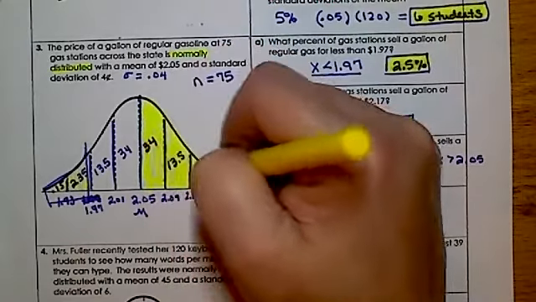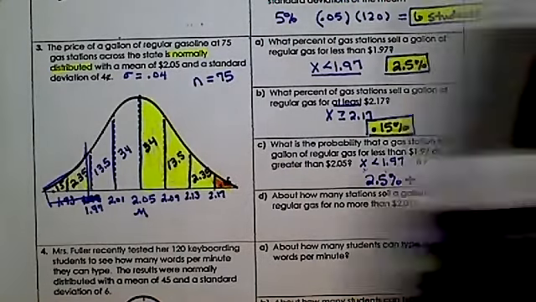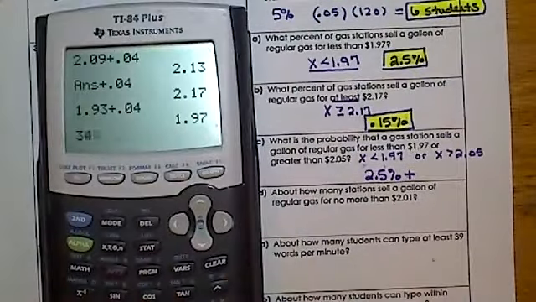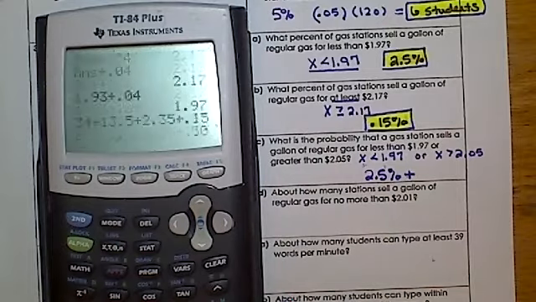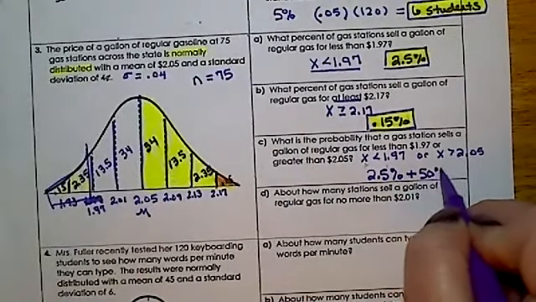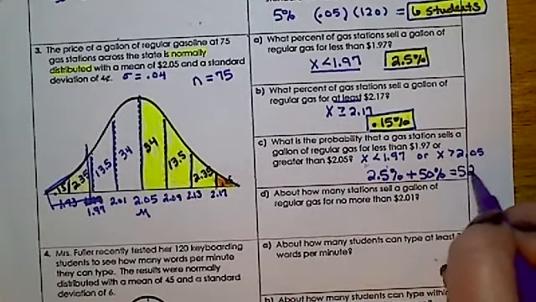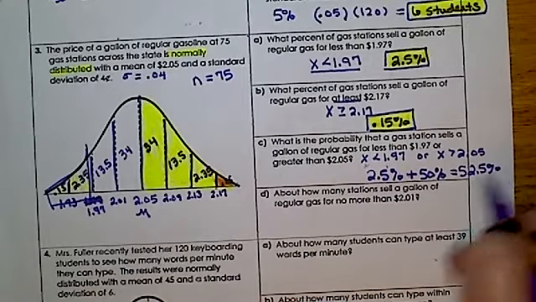Now you can add all those up, but you probably noticed that that is 50% of that curve. And you see that would be 50%. We would add the 2.5 and get 52.5%.